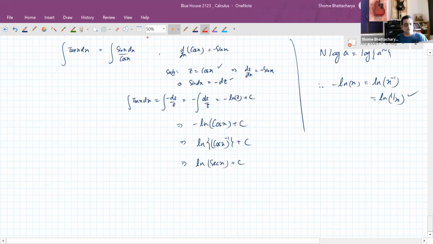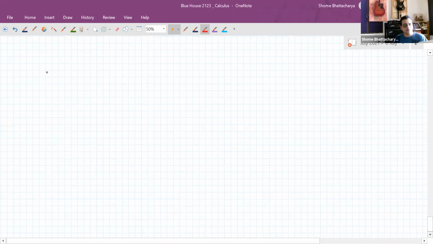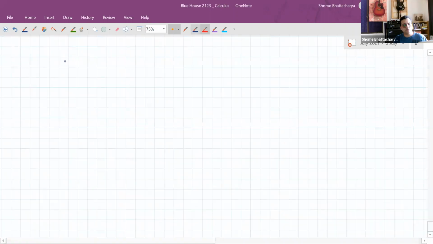Now the other two are a little bit more involved, we use a trick. Integration of sec x, for example. You can't directly write it as 1 by cos x, it will not lead to anything. But we just use a trick here that you multiply and divide it by sec x plus tan x.